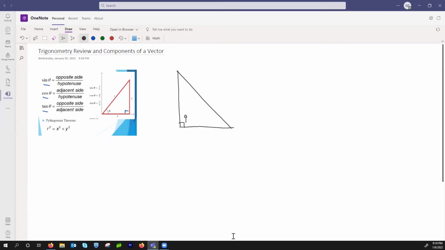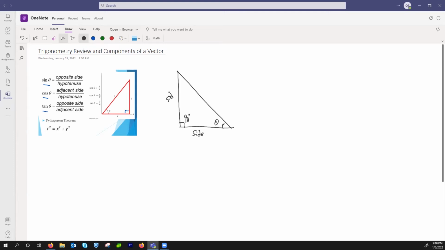Now let's focus on the right triangle. So again, this is going to be equal to 90 degrees. And we will focus on one of the angles. Let's choose this horizontal one, called theta. Or if you want, you can choose the other one on the top, that's fine. But those two angles, added together, should be equal to 90 degrees. In a right triangle, we have two sides. So this is called a side.